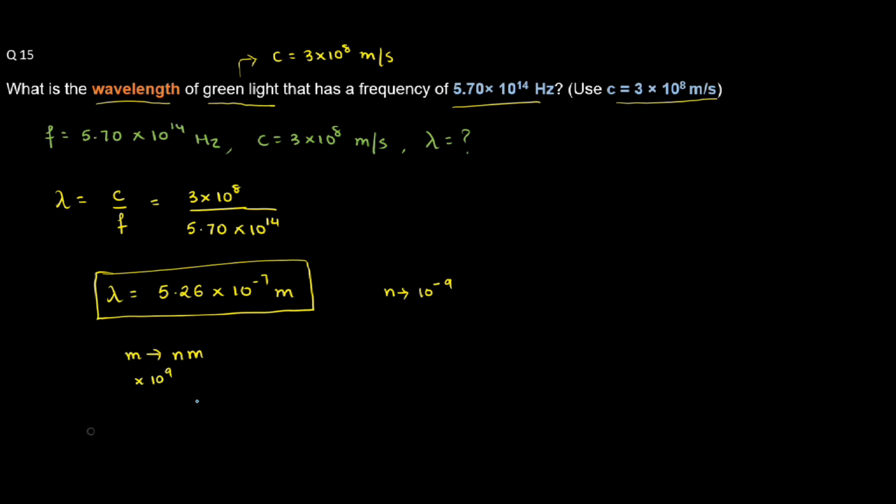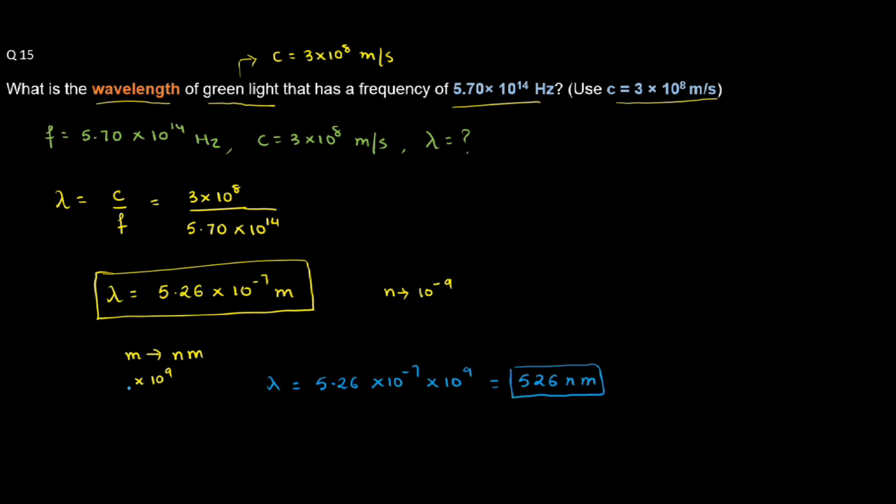So I multiply my value of lambda, 5.26 times 10 to the power negative 7, with 10 to the power 9. And when I do that, I get my answer as 526 nanometer.